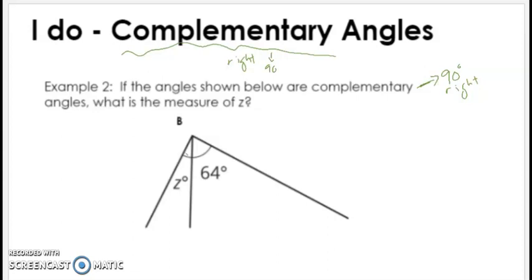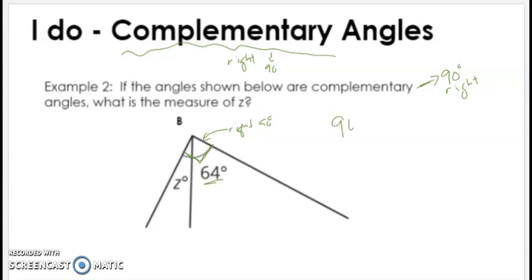So this doesn't always look like it, but if you kind of draw that in, you can say, oh yeah, that is indeed a right or a 90-degree angle. So if this whole thing here is a right angle, a 90-degree angle, and this part of it is 64, what's this other part to make the 90? And it works similarly to the last one.